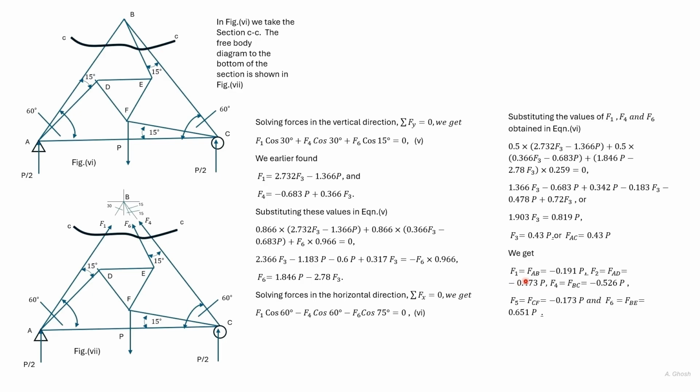Say F1 is minus 0.191 P, so it acts towards the joint A, and F2 is minus 0.473 P, so it also acts towards the joint A. Resolving these two forces in the vertical direction, we find that the force acting downwards is 0.5 P, but there's also a reaction force acting upwards of 0.5 P magnitude.